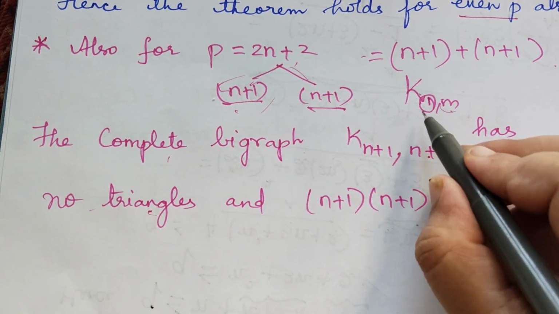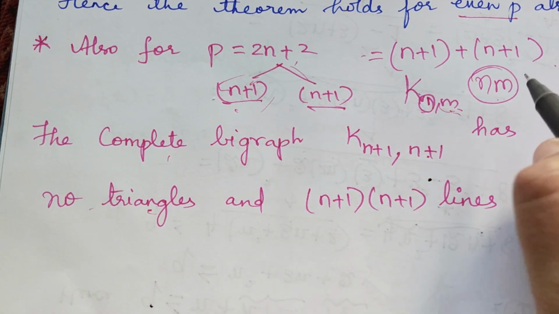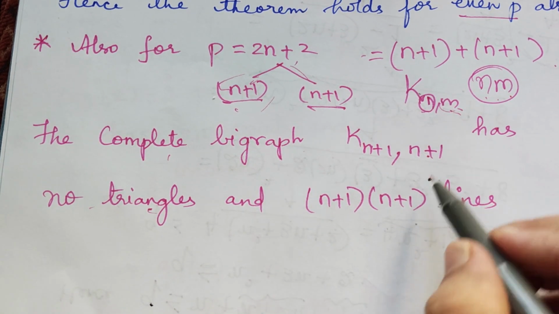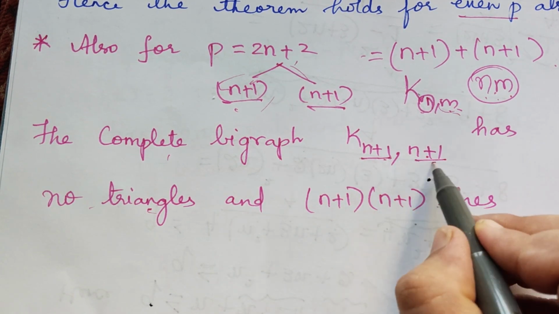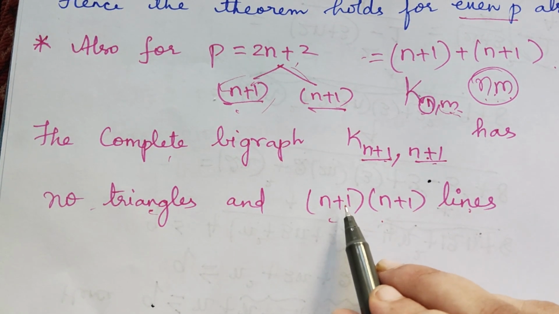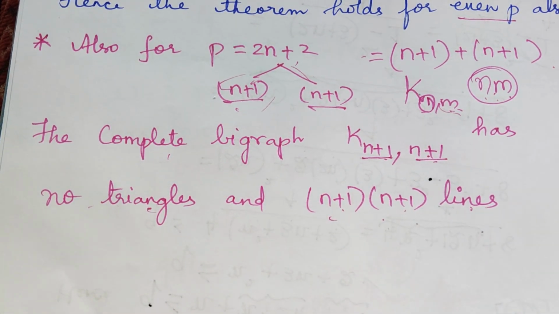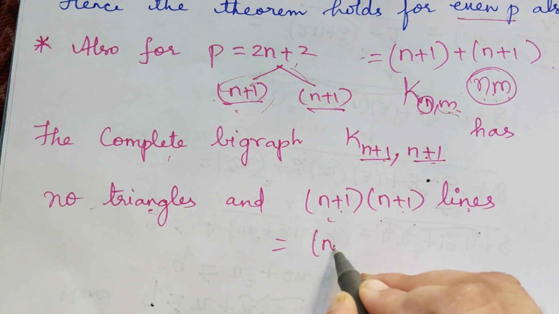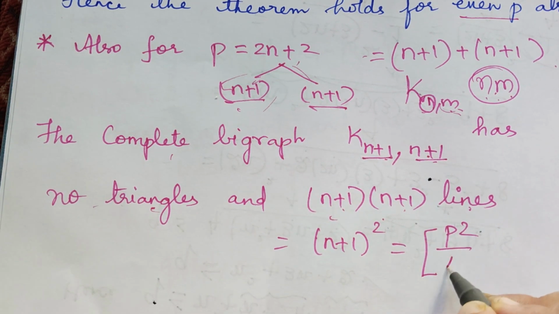And as I told you, the number of edges will be n into m. So here n is n plus 1, m is n plus 1. So when you multiply, we get the number of lines. But what is n plus 1 multiplied with n plus 1? It is n plus 1 the whole square.